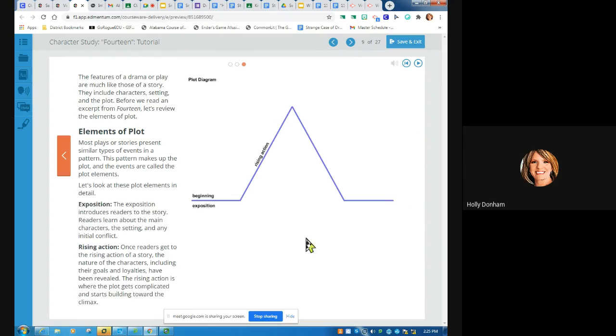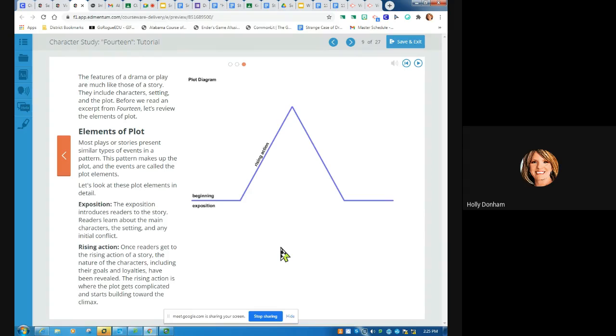And then the rising action. Once the readers get to that part, a lot of the goals, the loyalties, the purpose that the characters are, the things that they're doing, a lot of that is revealed in the rising action and the conflict.